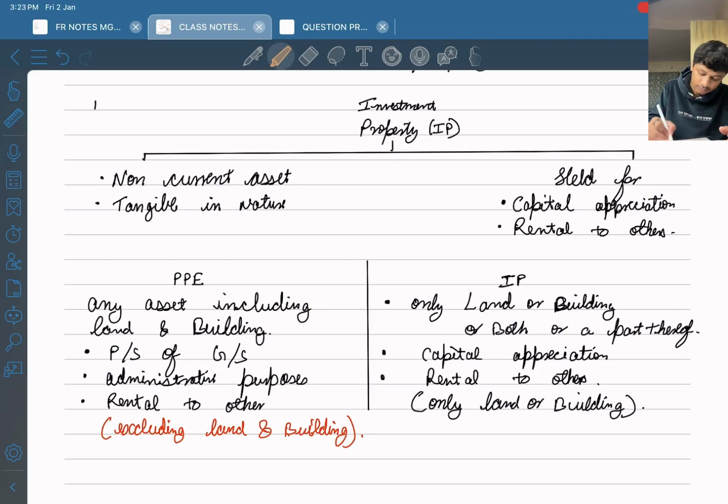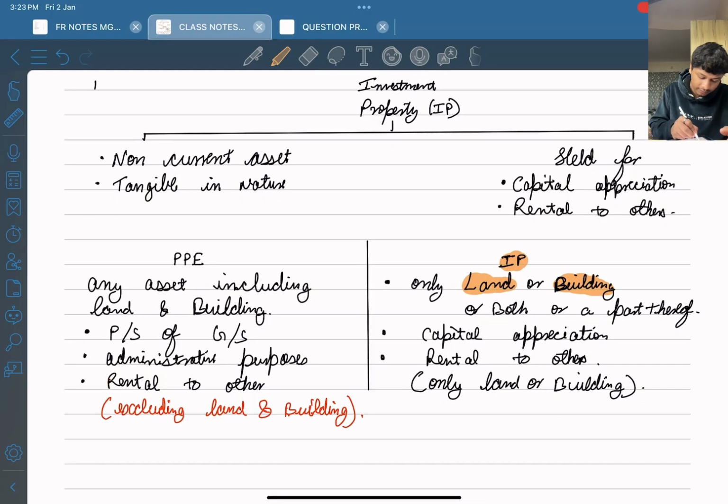Land and building only will come in investment property. And in property, plant and equipment, if there is a rental to others, it should not include land or building, right? So this is the major difference between the two.